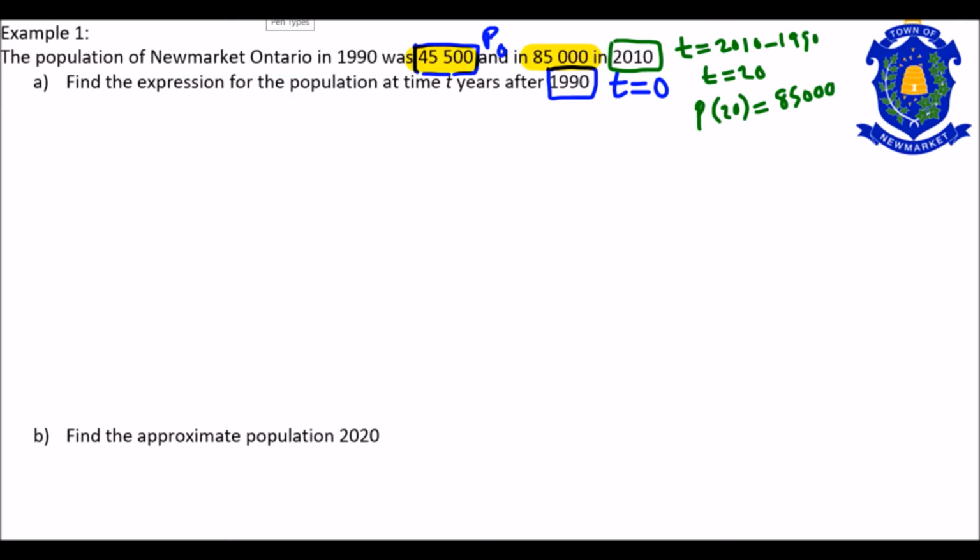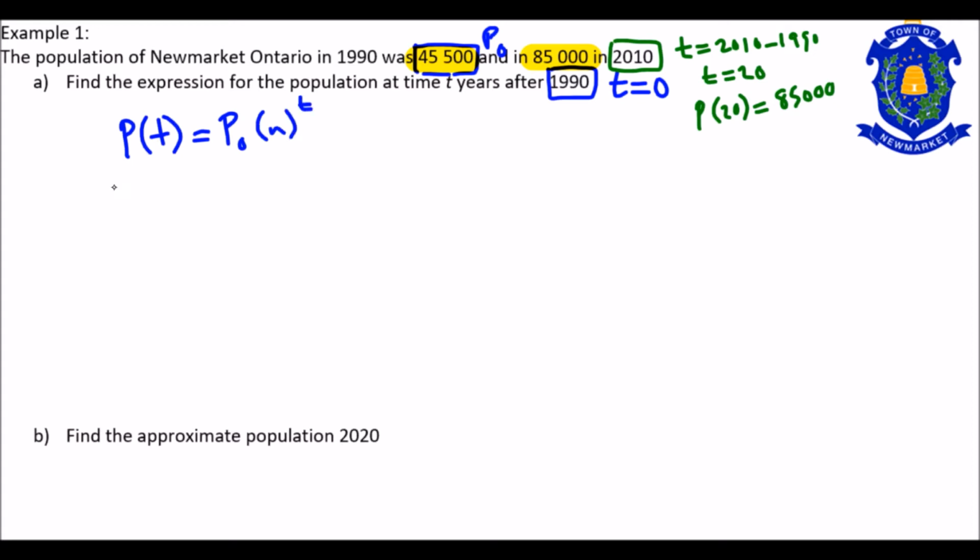I like accuracy in my questions. So I've got P of 20 is equal to 85,000. I've got my initial P naught, so the only thing I'm missing is my n, so I need to solve for n. The equation is P of t is equal to P naught times n to the exponent t. So I'm going to sub in what I know.